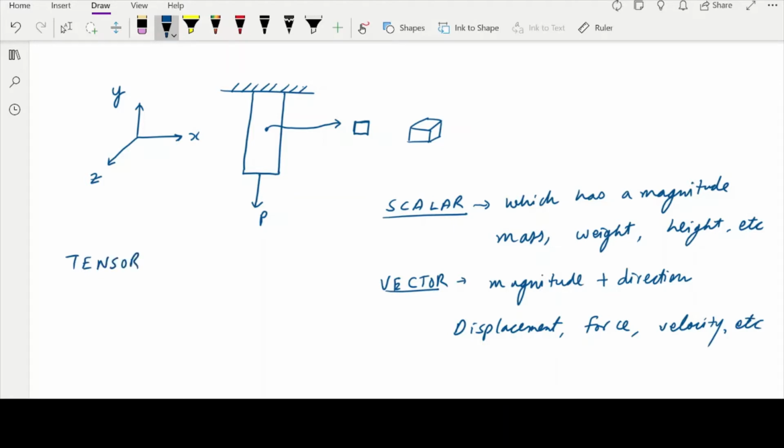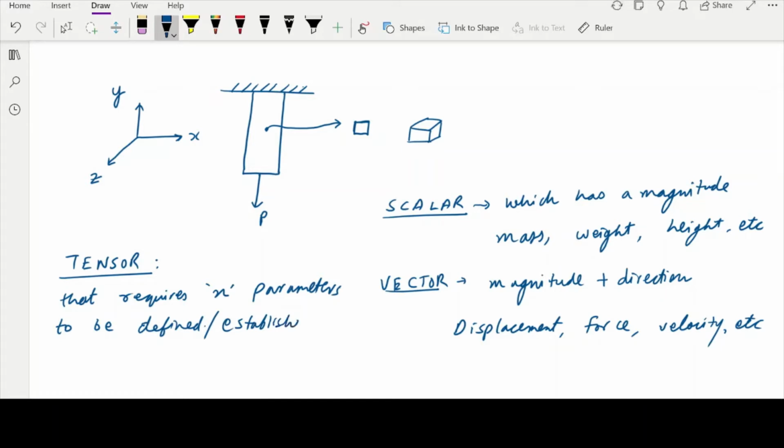A tensor is a quantity that requires n number of parameters to be defined or established. So what are these n parameters? Let's see.